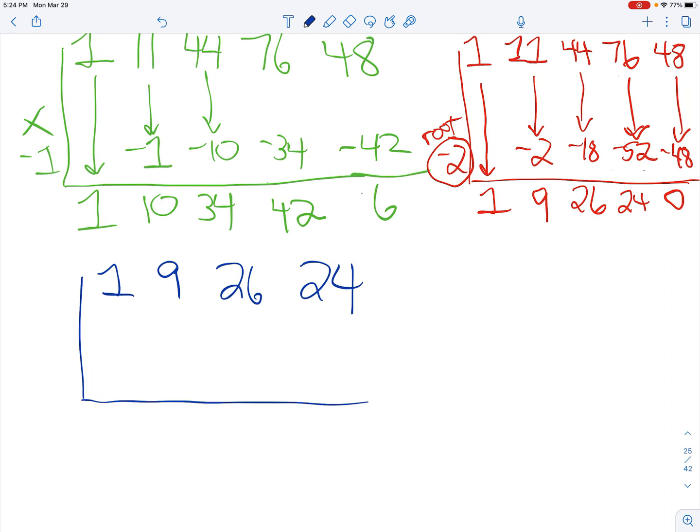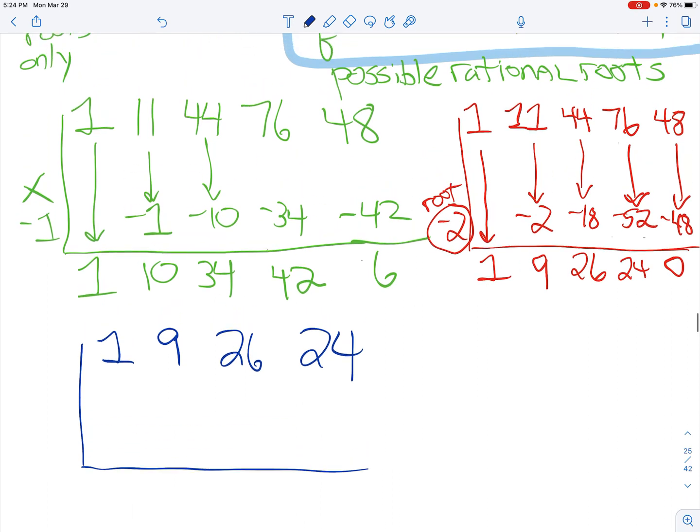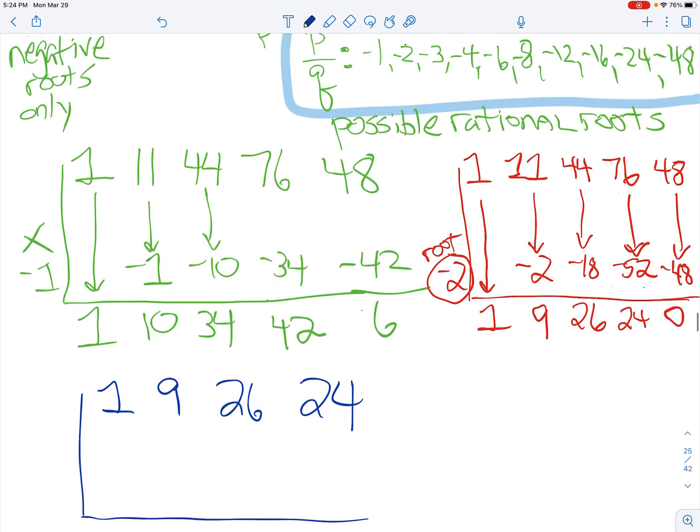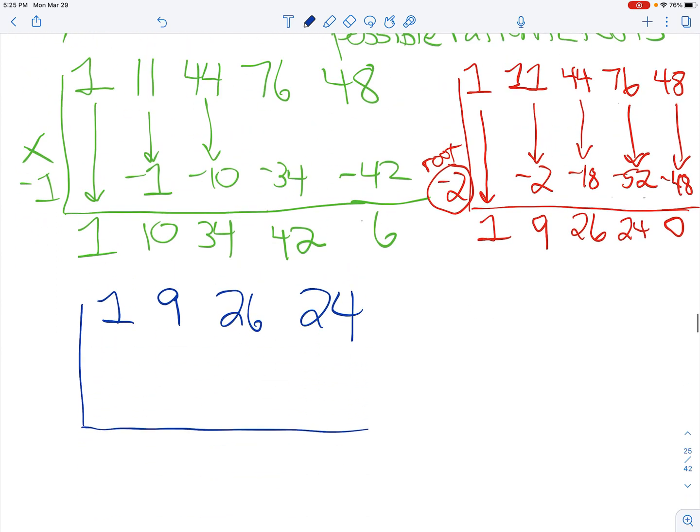You can. Like I said, you don't necessarily have to do it the way I'm doing it here. You could try negative 12 first, you could try negative 6 first. But like I said, usually you get a root early on. It should happen with one of the first few possible rational roots. You should get a root.